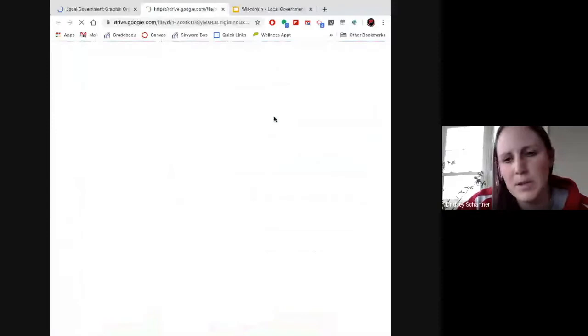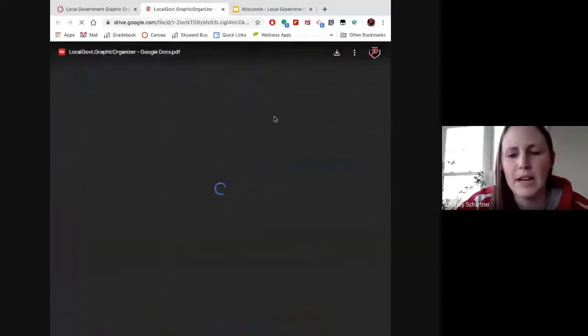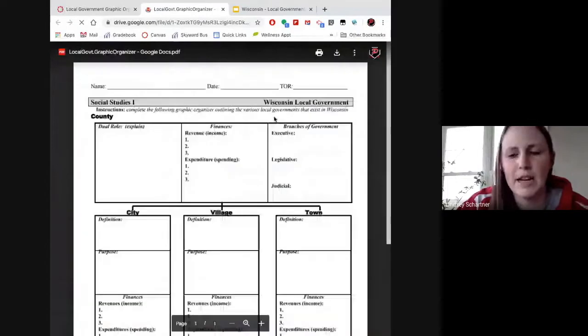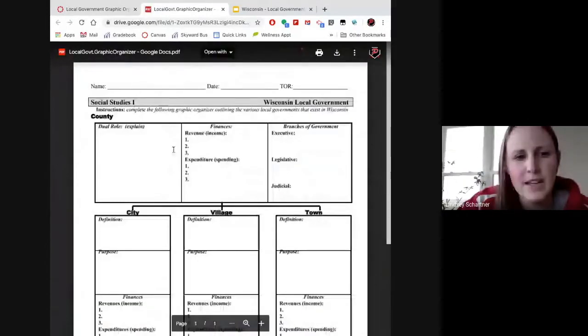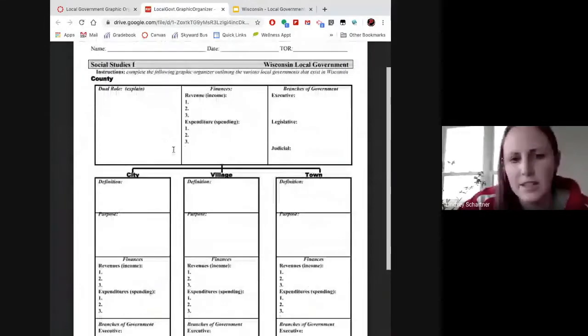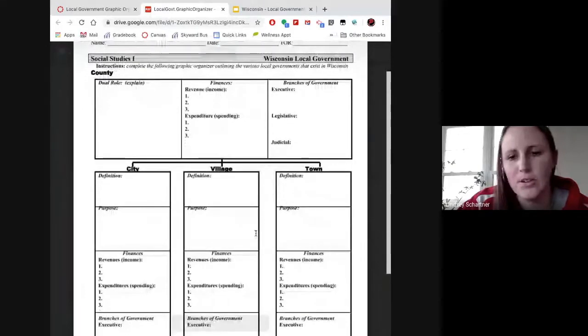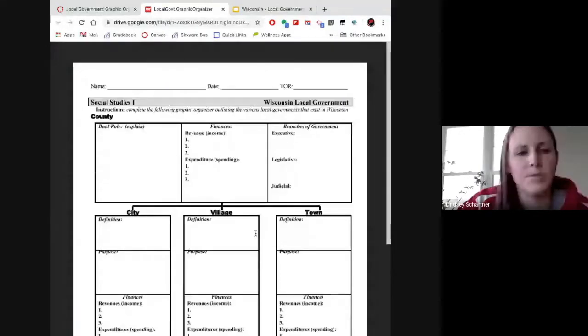And remember, when we do things in Notability, we are handwriting them, and we're going to put our name up at the top. There's a spot here for you to put your name. Then Mr. Pearman and I are going to walk you through the notes for the county, city, village, and town, and you're going to fill this in as we go. So you press in a split screen, toss this into Notability, and fill it out as you watch this video.